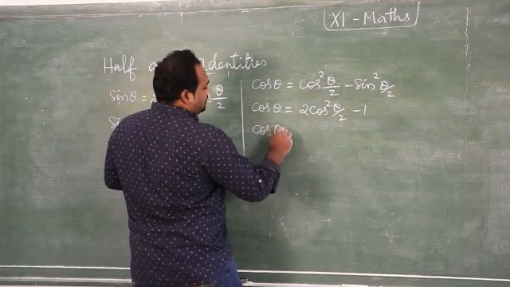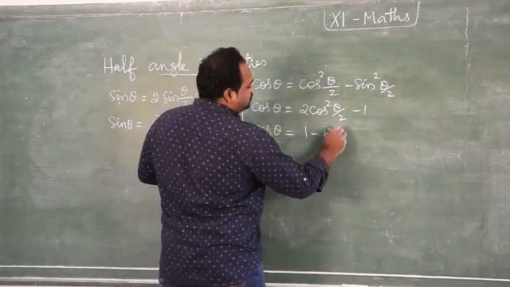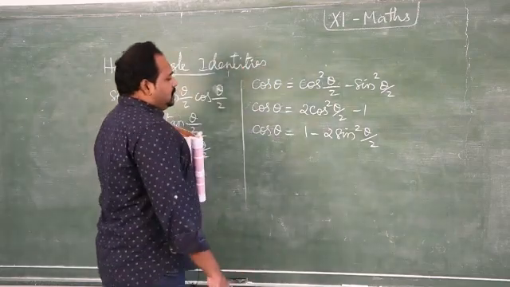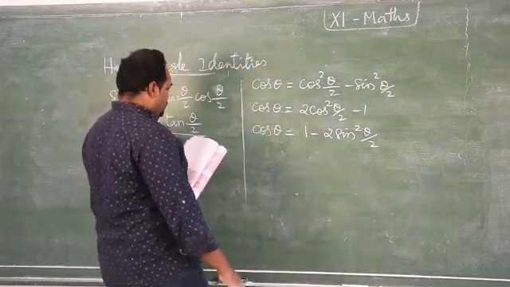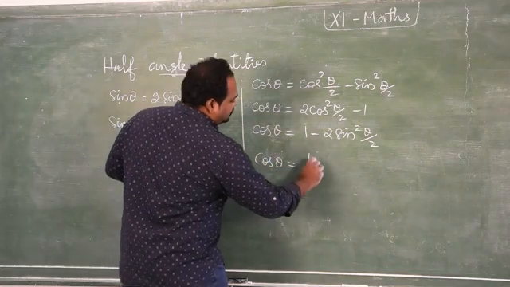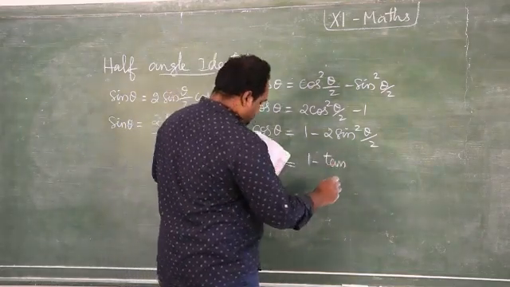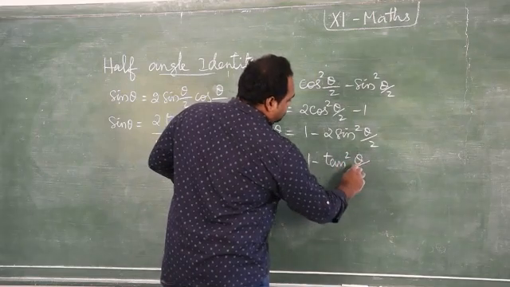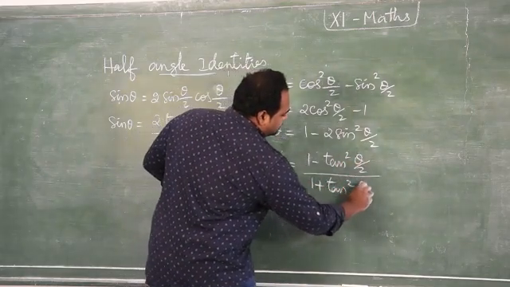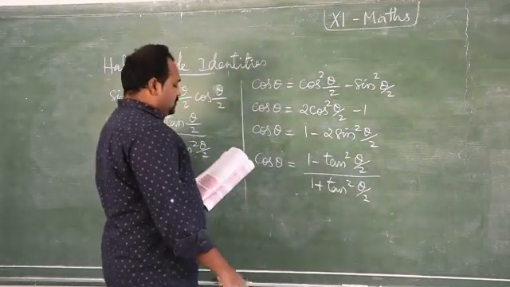Again cos theta can be written as 1 minus 2 sin square theta by 2. In the form of tan, cos theta can be written as 1 minus tan square theta by 2 divided by 1 plus tan square theta by 2.